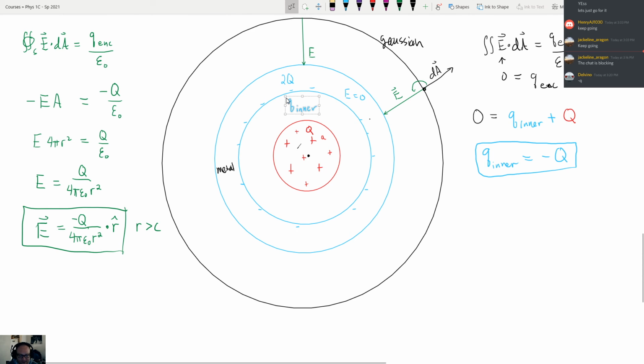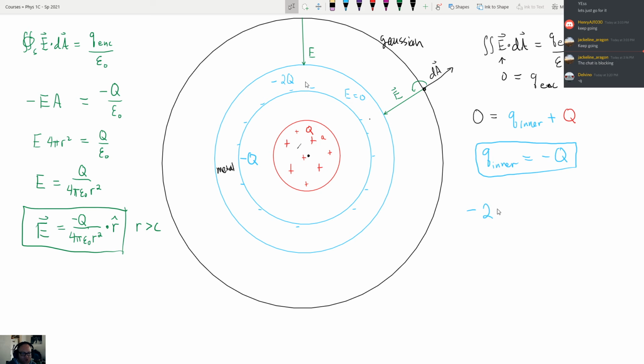So now that we know on the inside here that this is negative Q, so we got negative Q right here, positive Q on the inside. How much charge has to show up on the outer surface now? Negative. Minus Q. Another negative Q, right? That's because we now know that the total charge, this should have been negative 2Q, I apologize.